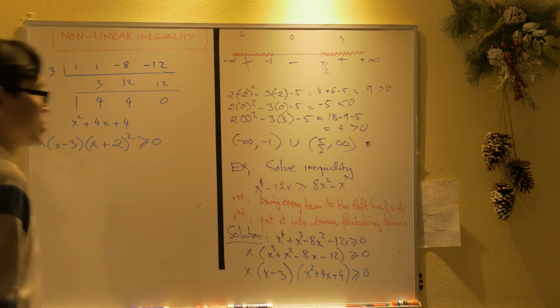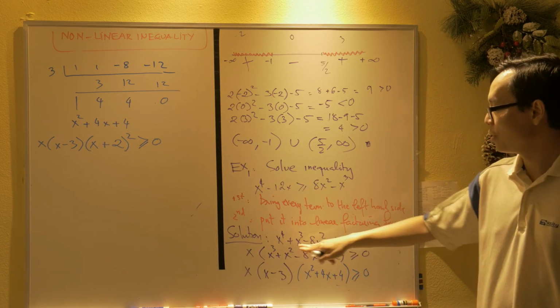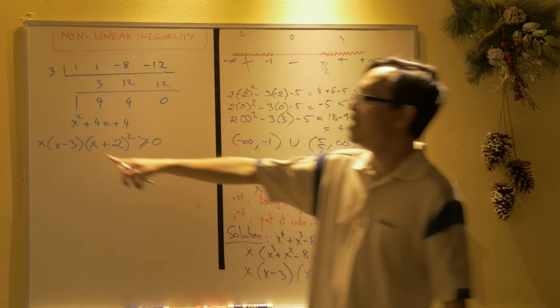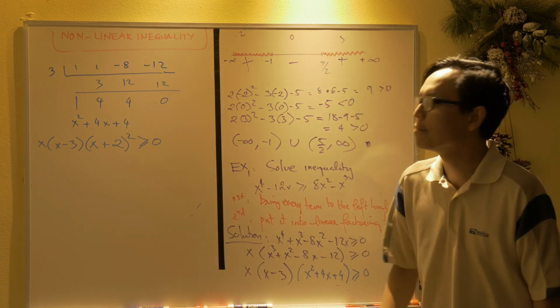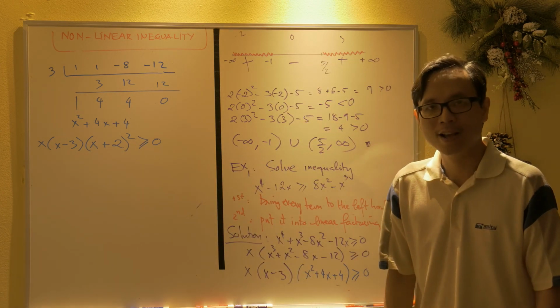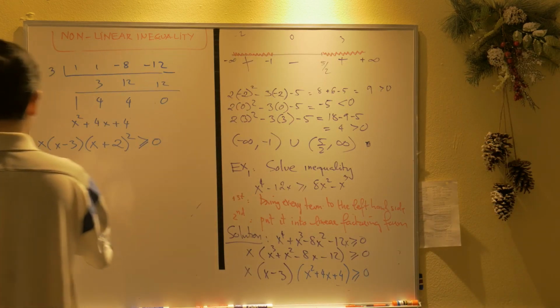So you see that I successfully converted a polynomial into linear factoring form. After I do that, I set up the side table.